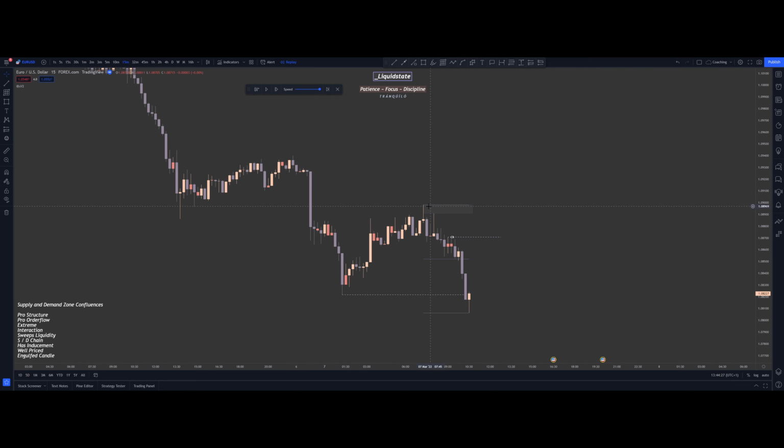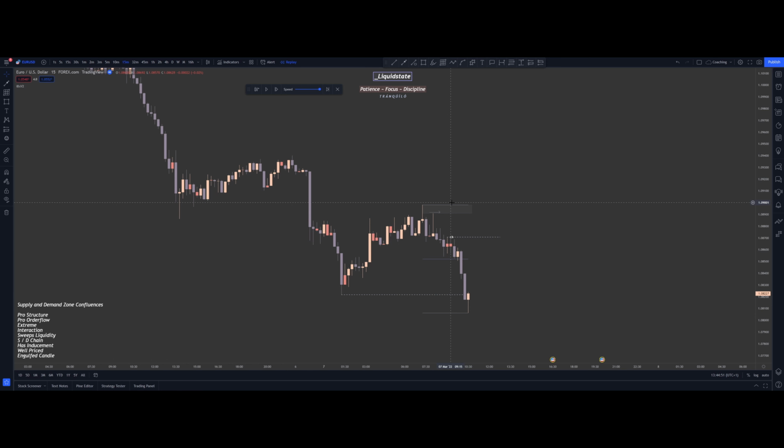So this is the extreme of price. This is a valid supply zone up here, and you could say that it could use this wick as inducement, which I will go over now. One of the confluences is inducement, which is this high built right above it right here.